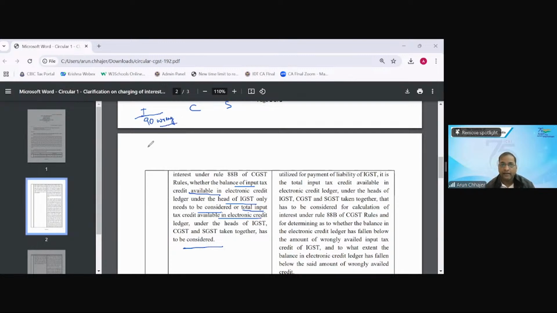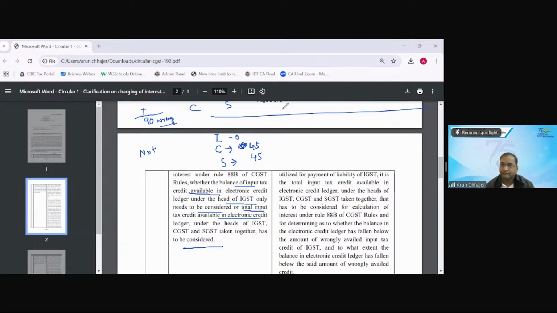ठीक है. Now in the next month, you have the liability under IGST is 0. You have the liability in the CGST, let's say 45 rupees, and you have the liability under SGST rupees 45.